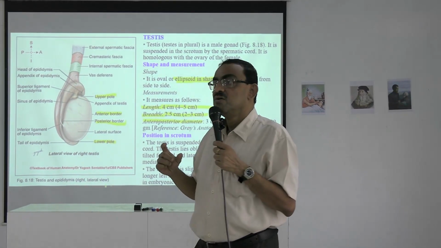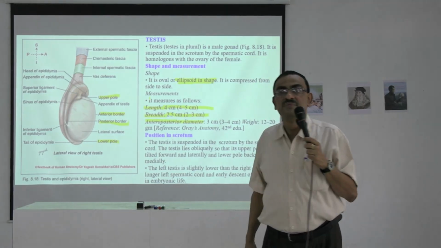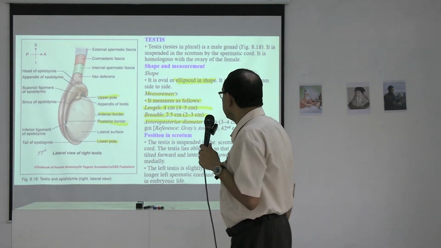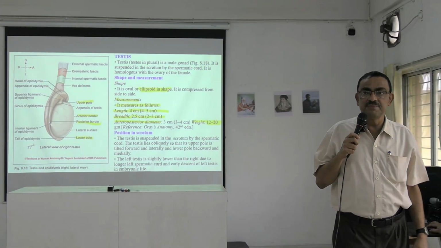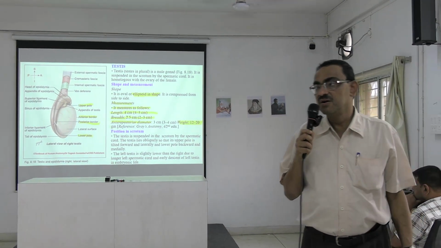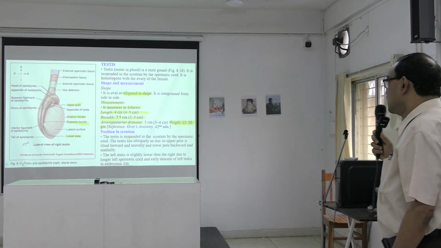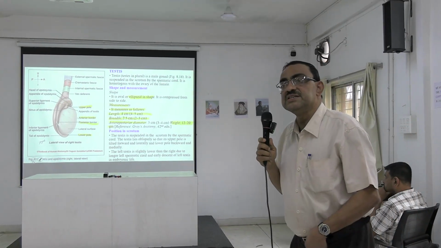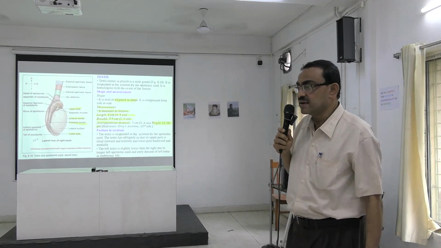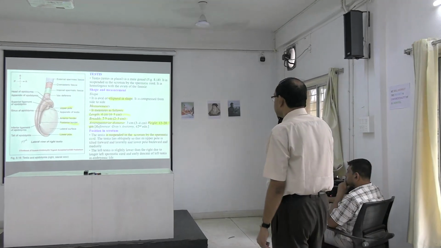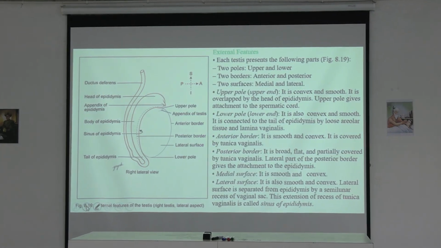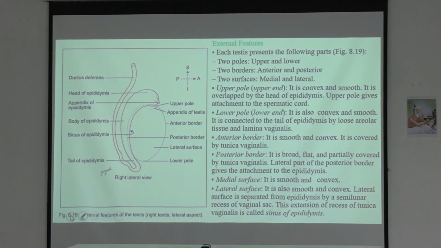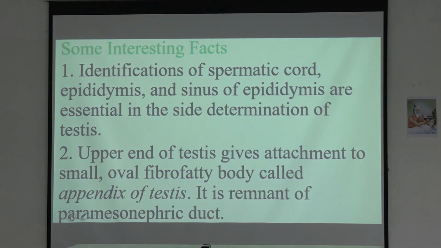The weight varies, around 15 grams. It is placed within the scrotal sac. Next slide. Lower pole, posterior. Already I have told you all these things.